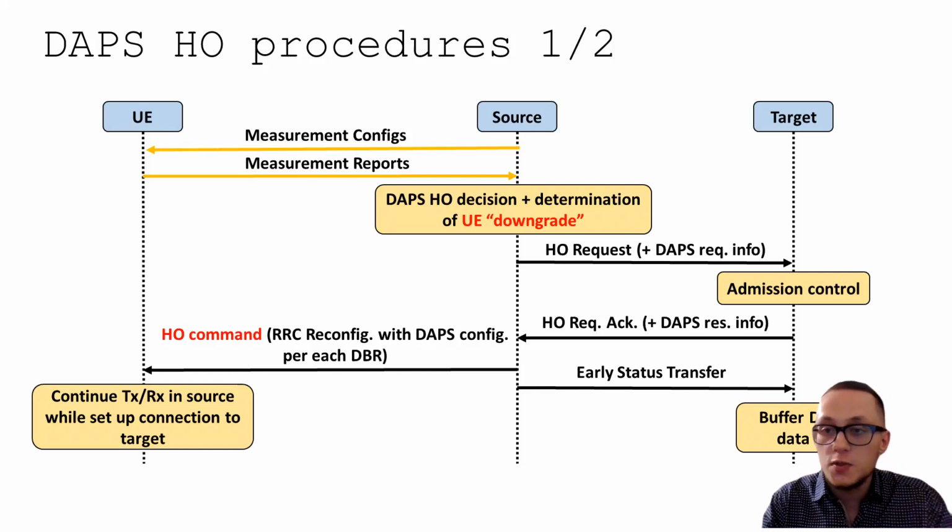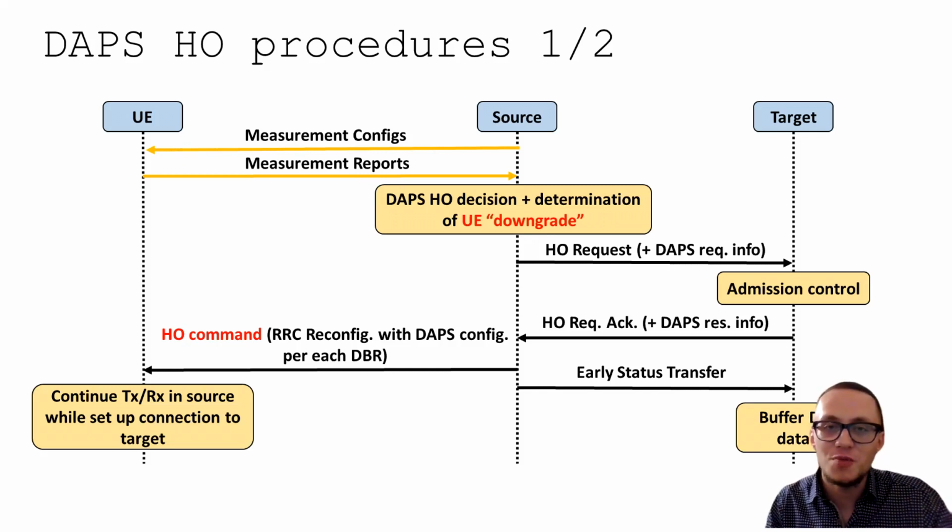The target node, based on admission control and some other RRM procedures, may send a handover request acknowledge that everything is okay, I'm ready for the incoming handover. And then there will be a handover command, which is basically the RRC reconfiguration message.